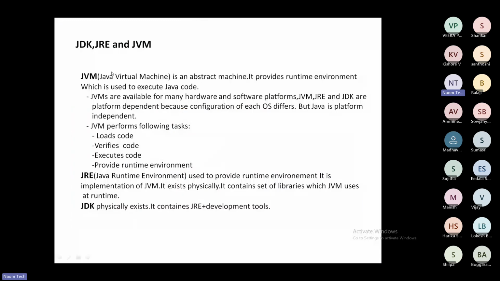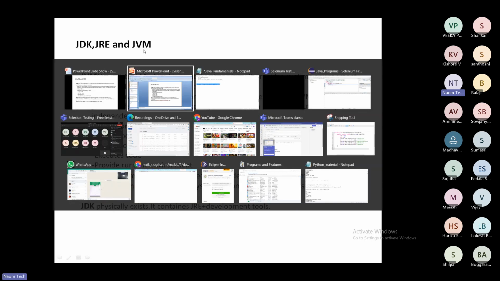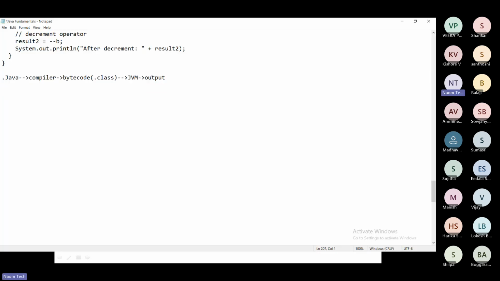I think I've spent enough time on this. What is JDK? What is JRE? What is JVM? Maybe I can ask quick questions. What does JVM do? It converts bytecode to machine code, then executes that and finally provides the output. What is the compiler? It converts the source code to bytecode or .class files. What is JDK?